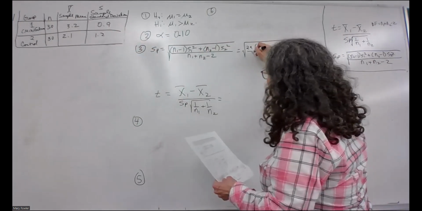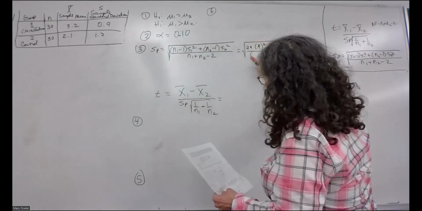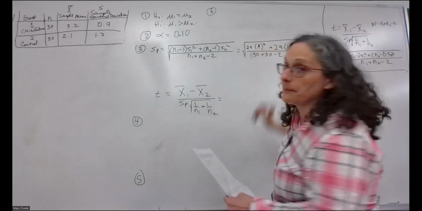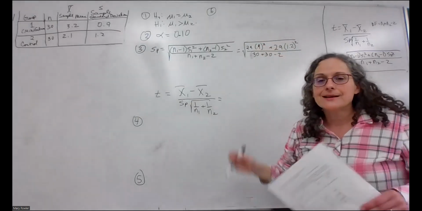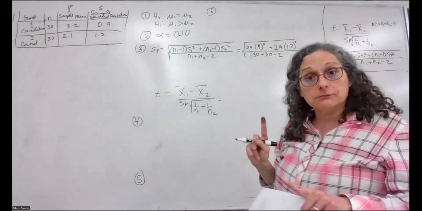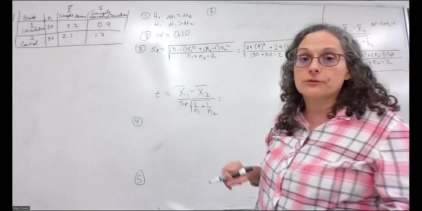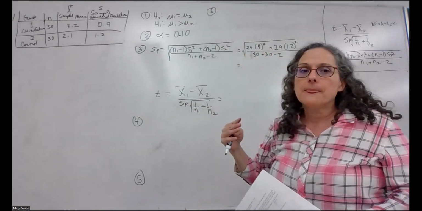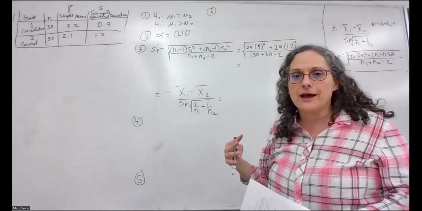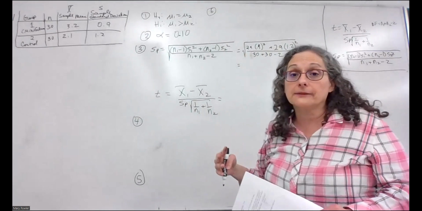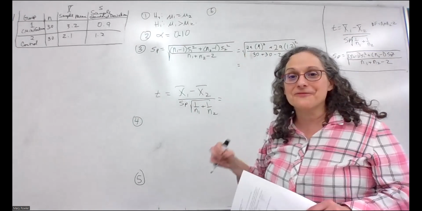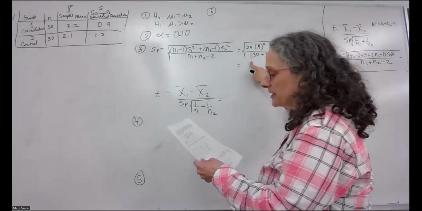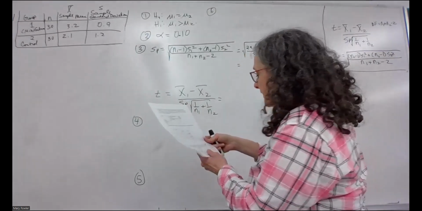I'm going to divide all of that by 30 plus 30 minus 2. Maybe pause the video and try the calculations on your own, because with a little bit of practice, the SP is the sort of calculation that I see a lot of really effective, accurate calculations in SP, but it does take a couple of practice tries.